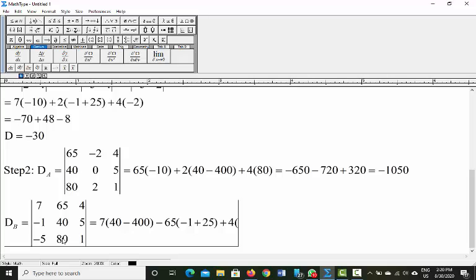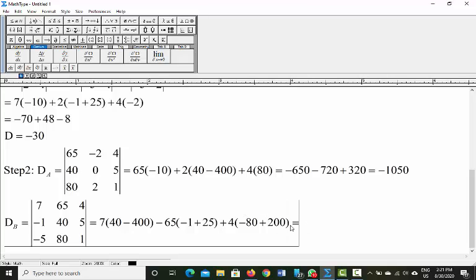So minus 1 multiplied by 80 is minus 80, minus 40 multiplied by minus 5, so minus a plus 40 multiplied by 5, that is 200. Let me revise: minus 1 minus a plus 25, correct? Minus 80 minus a plus 200, right?